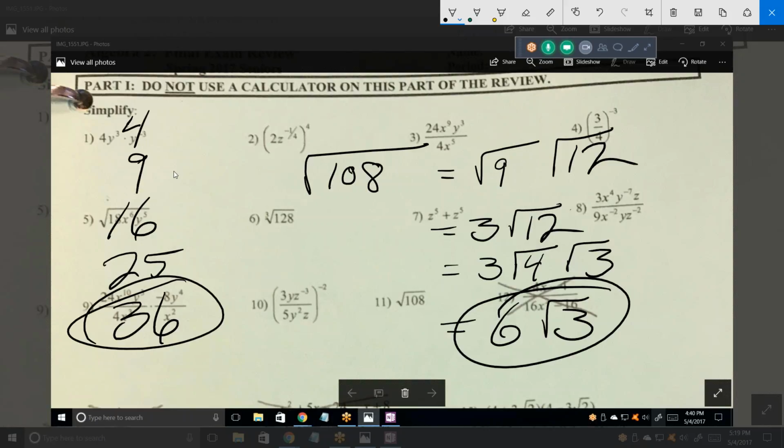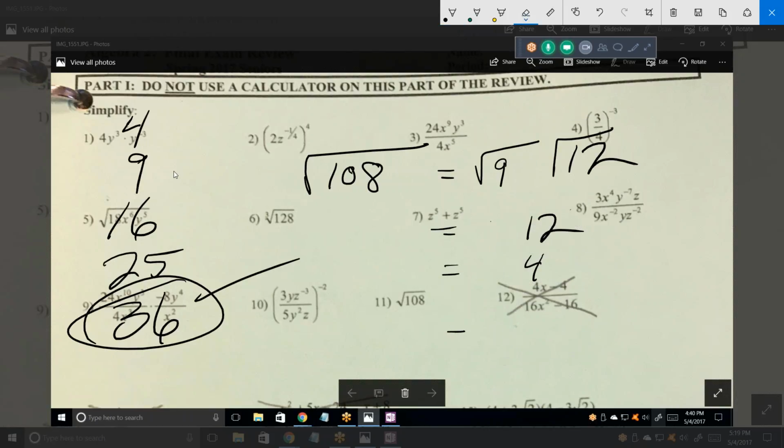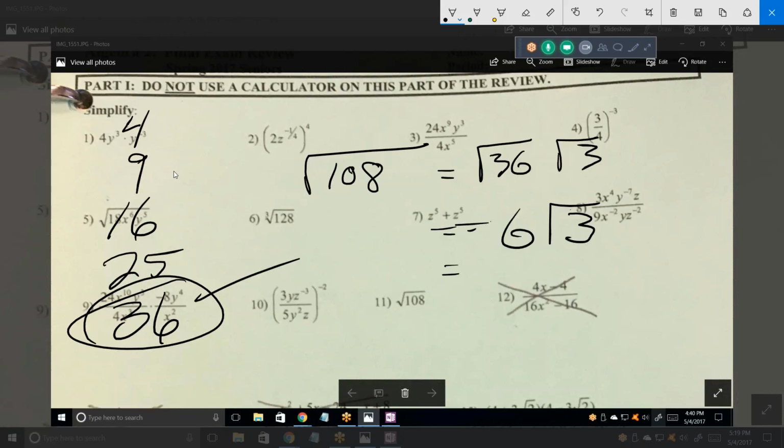So you don't always have to figure out the maximum perfect square factor, but it makes it shorter. You get it done quicker if you do 36 times 3. Because then, in one step, look, this took me 4 steps. There's step 1, step 2, step 3, step 4. Whereas when I recognized that it was 36 times 3, well, that's step 1, that's step 2, done.